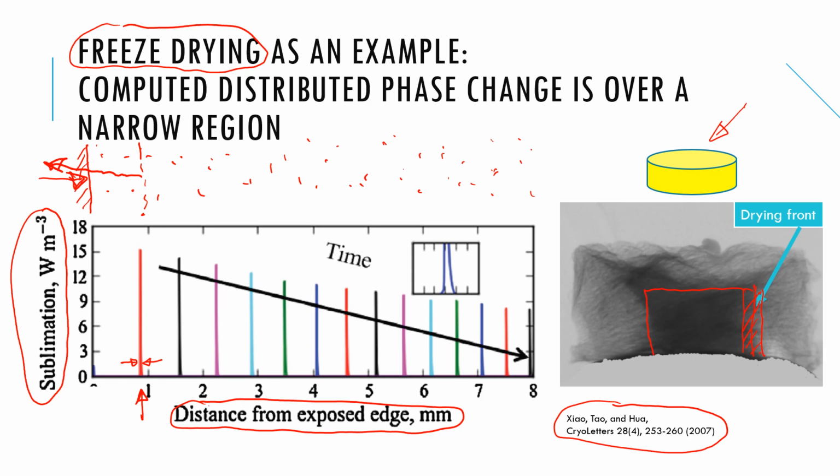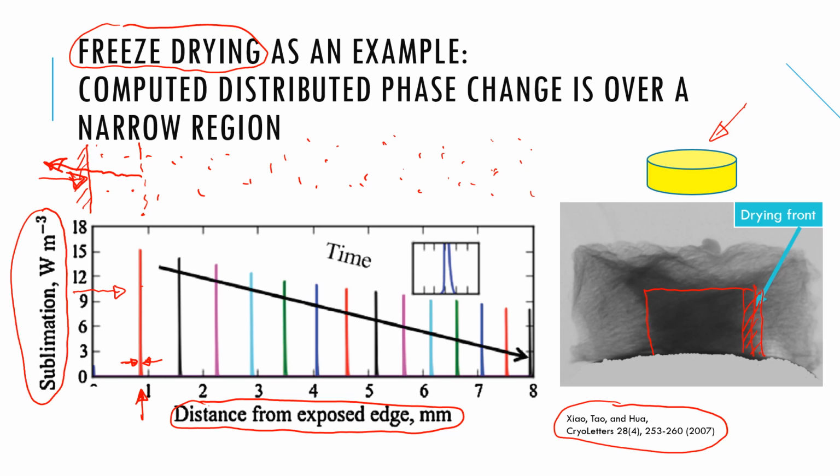That's because initially the rate of heating is high from the boundary, but all of that happens over a very small region. Talk about sharp interface. This looks very much like a sharp interface, even though we allowed it to be distributed, to happen over a distance.